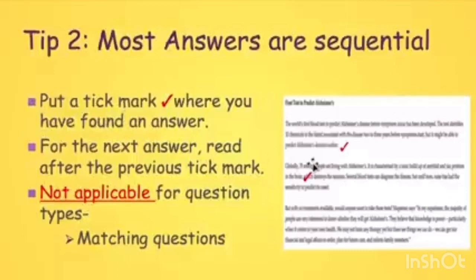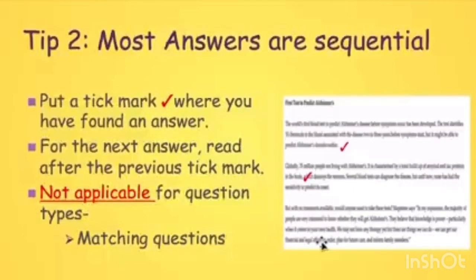Let's say I read the question and I come to this paragraph and I'm reading this paragraph and I find the answer to my first question. Put a tick mark right then. Be sure that the next answer to, let's say, a multiple choice question would be in the paragraph following this tick mark. So this is generally the case.